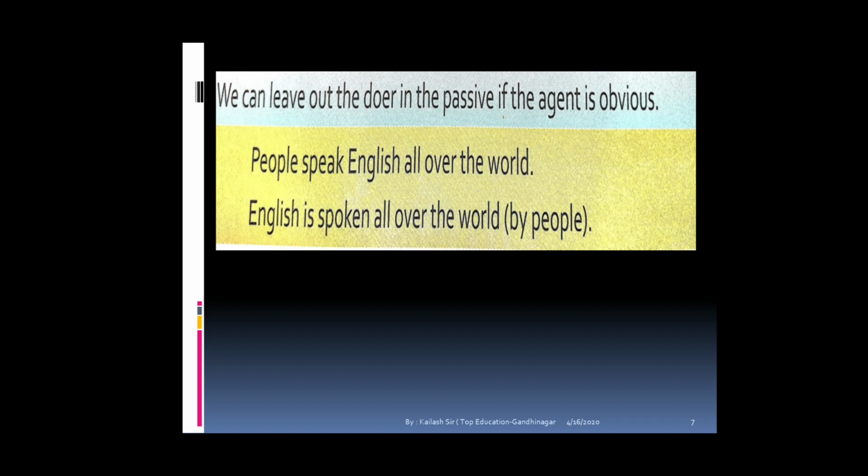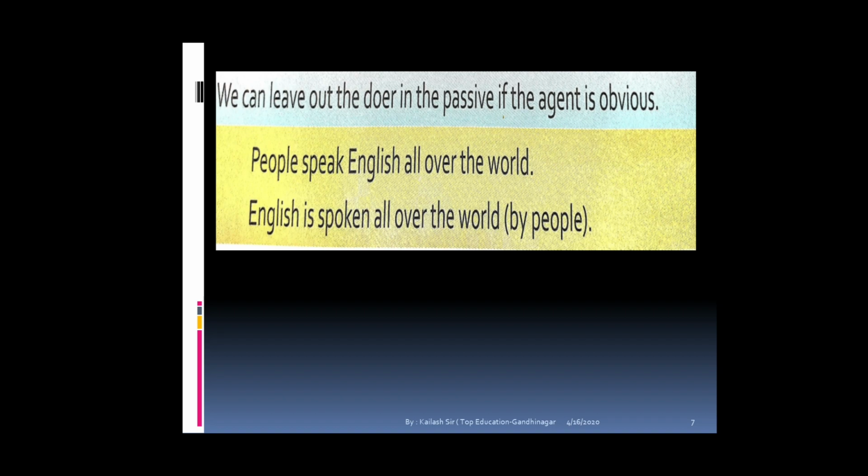Obvious means it is understood who has done this. Suppose catching the thief, we know the police will catch the thief, so by the police will be omitted. Lecture was given by the teacher will be omitted. Awards were given by the chief guest will be omitted, like this.